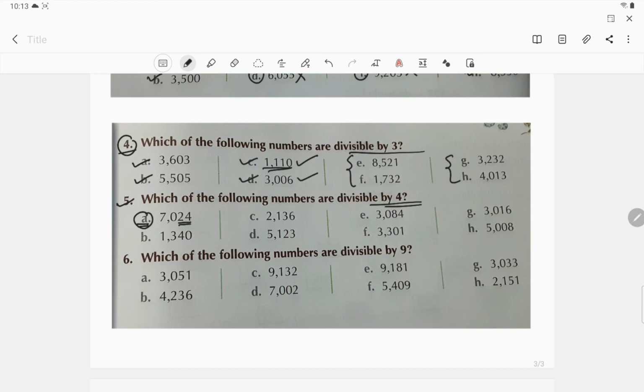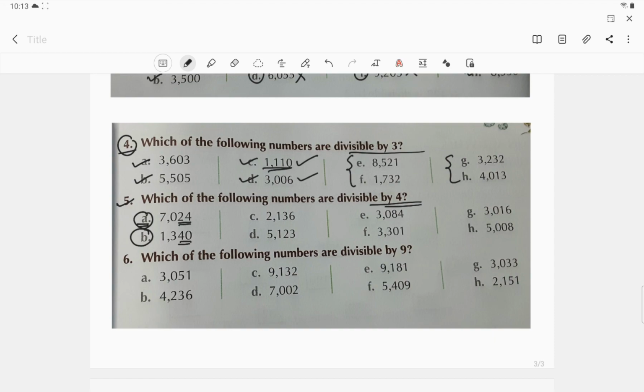Now check 7024. You have to choose 24. Is it divisible by 4? Yes, 4 sixes are 24, so it is divisible by 4. So you can say the whole number, that is 7024, is divisible by 4. B number, the last 2-digit number is 40, so it is obviously divisible by 4, so you can say it is divisible by 4.